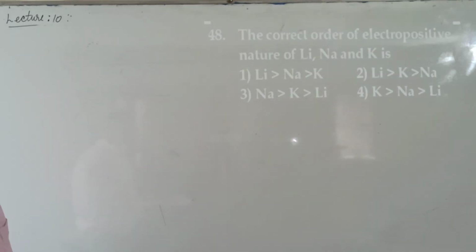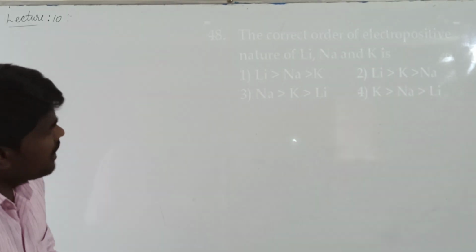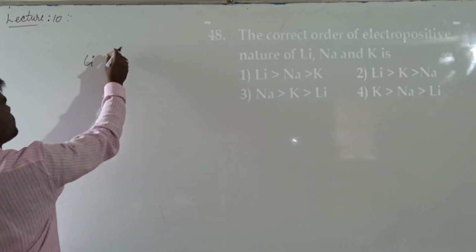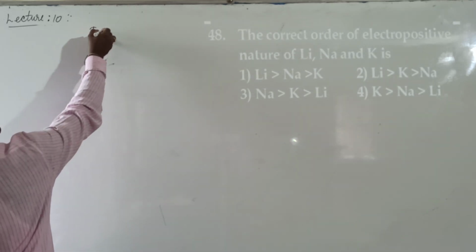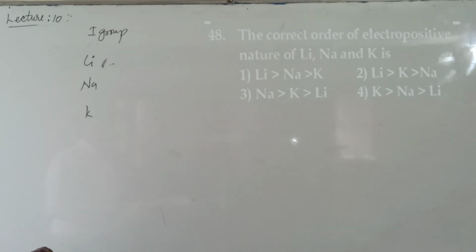Here comes our next question. What is the correct order of electropositive nature of lithium, sodium and potassium? All these elements belong to the first group, and he is asking about the electropositive nature.